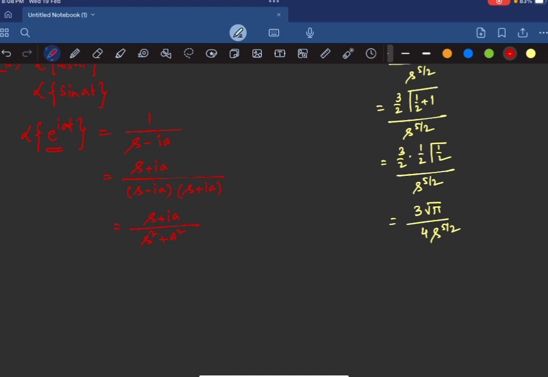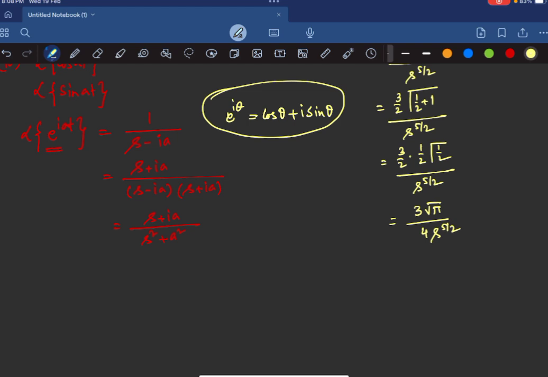So s + ia over s squared plus a squared. For e^(iat), you should know this formula: e^(i theta) = cos theta + i sin theta. This is one of the standard formulas.